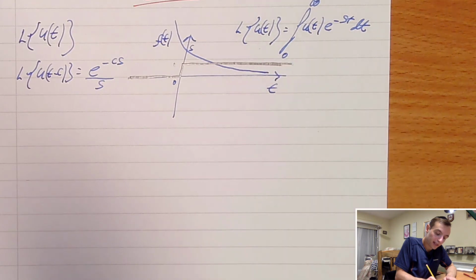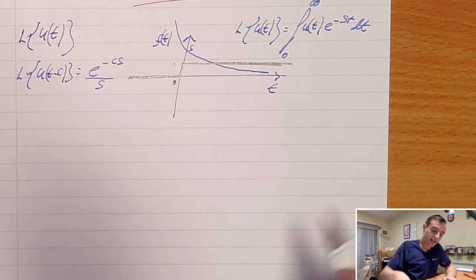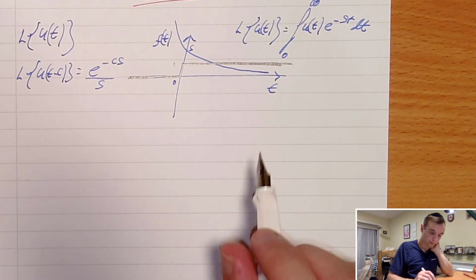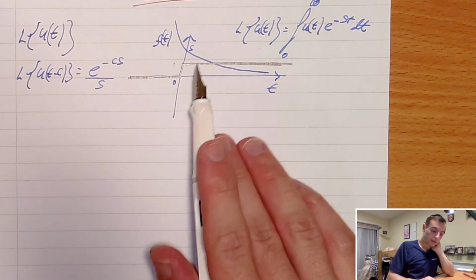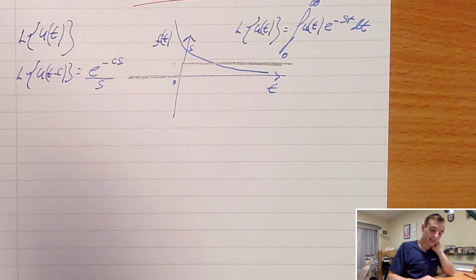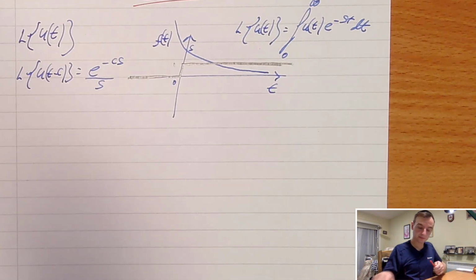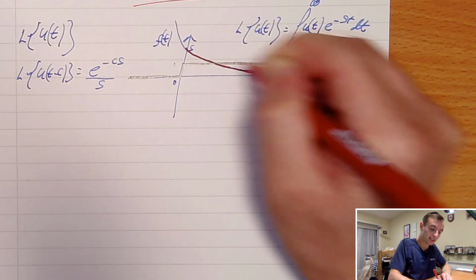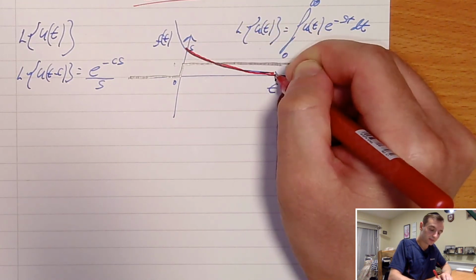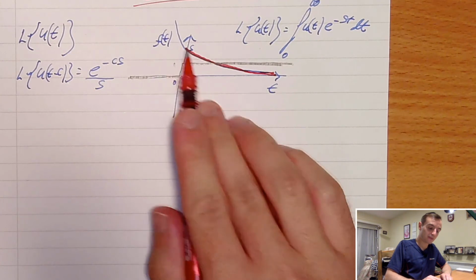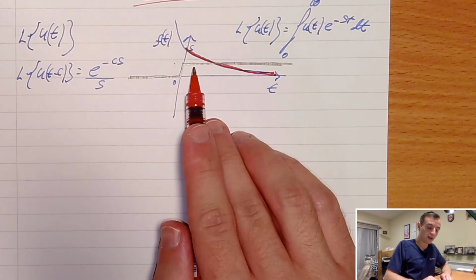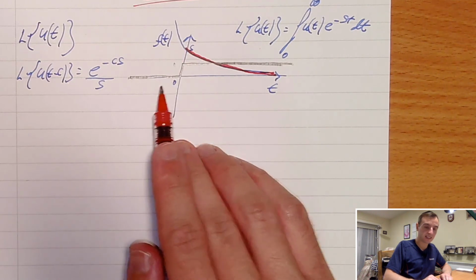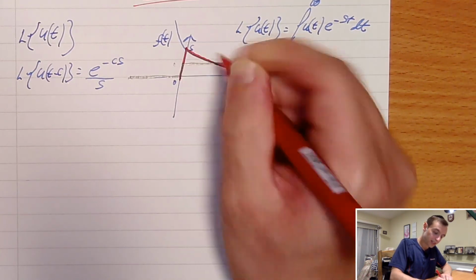So the product of e to the minus st and u(t) is simply e to the minus st for t greater than 0. Can you see that? E to the minus st multiplied by 1 when t is greater than 0. For t less than 0, it's e to the minus st times 0. So it's going to look like that.